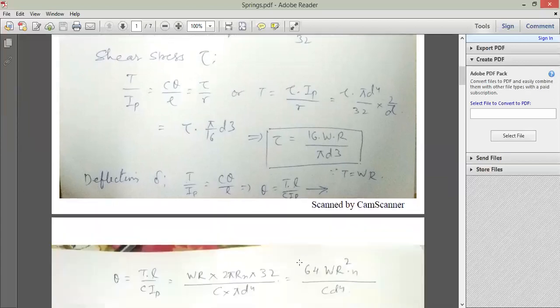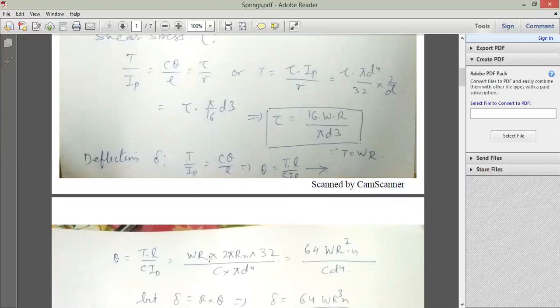Now substituting the value of T equals W into R, torque is weight multiplied by radius, length is 2 pi R N, and IP, the polar moment of inertia, is pi d raised to the power 4 by 32. The 32 comes into the numerator, so we get W into R into 2 pi R N into 32 divided by C into pi d raised to the power 4.